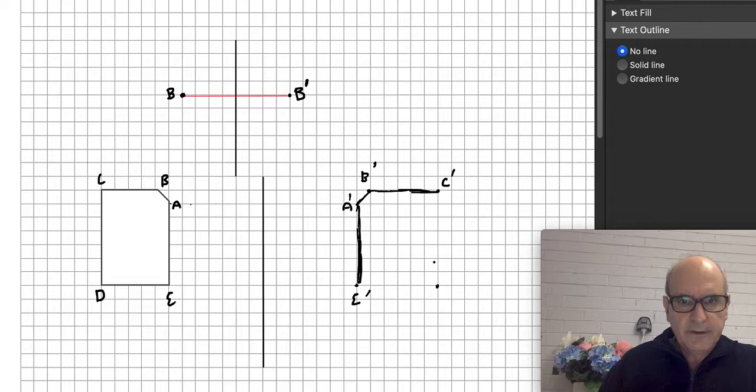All right, and that will be the point D dash. And again, I bring down, connect them together. And now I've got all my corners or all my vertices. I connect them together and complete the curve.